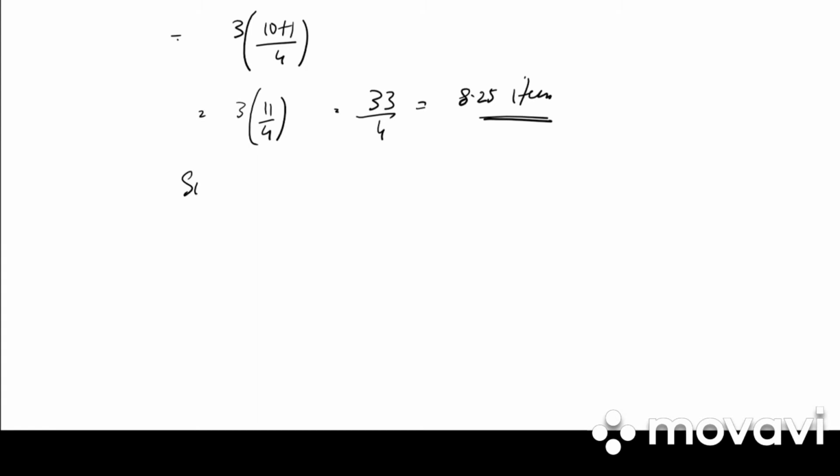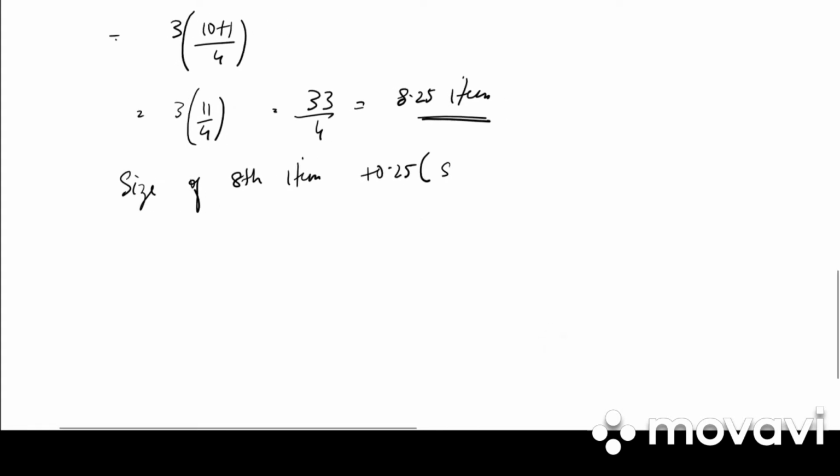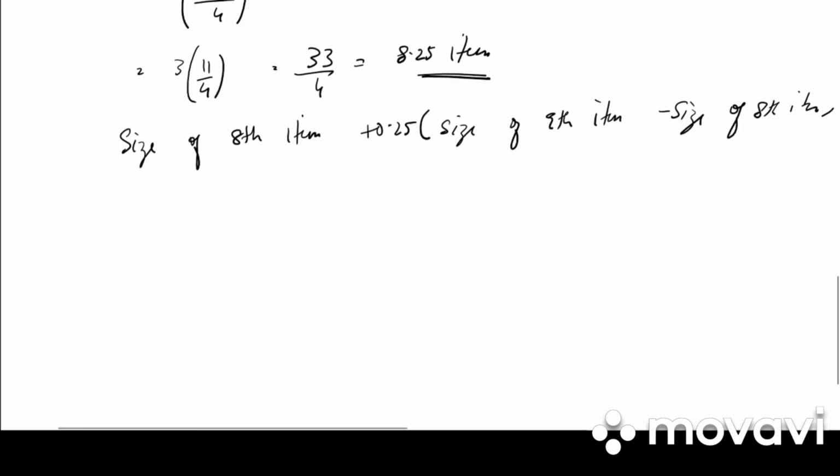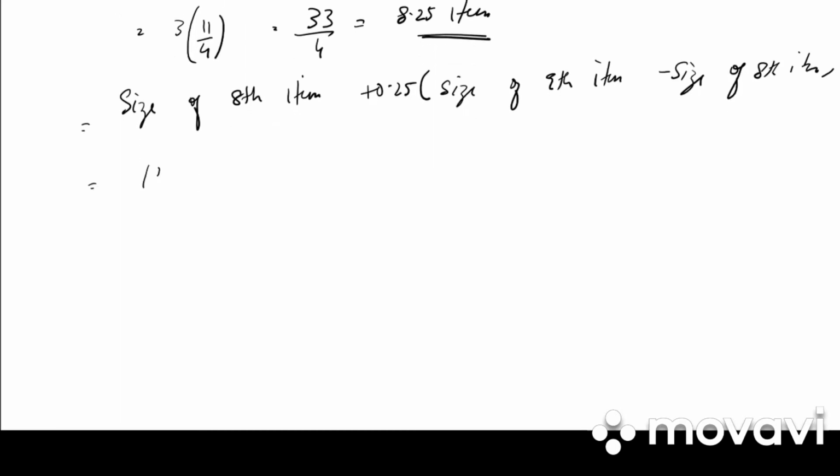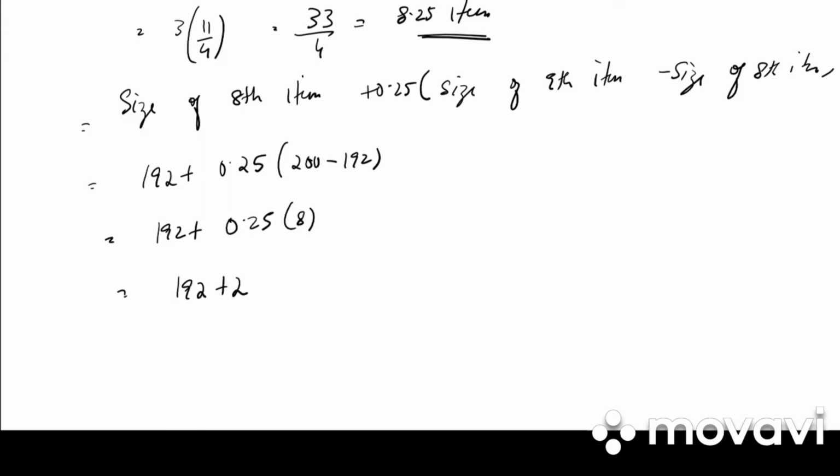So that will be size of 8th item plus 0.25 into size of 9th item minus size of 8th item. So what is the size of 8th item? It is 192 plus 0.25 into 200 minus 192. So 192 plus 0.25 into 8. 192 plus 2, that is 194.